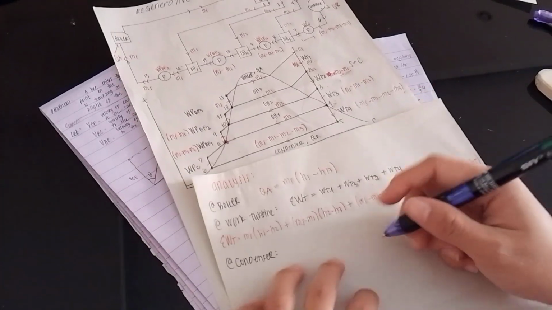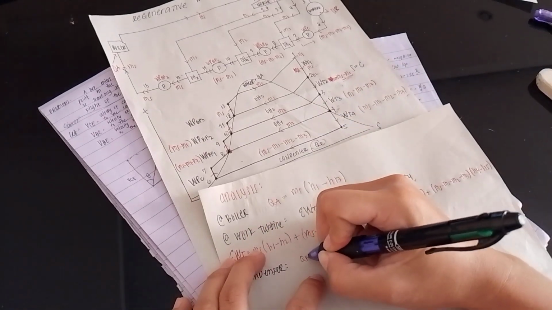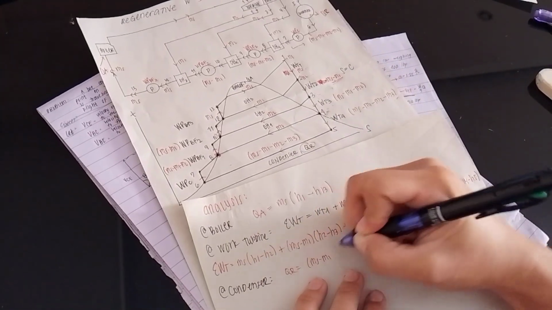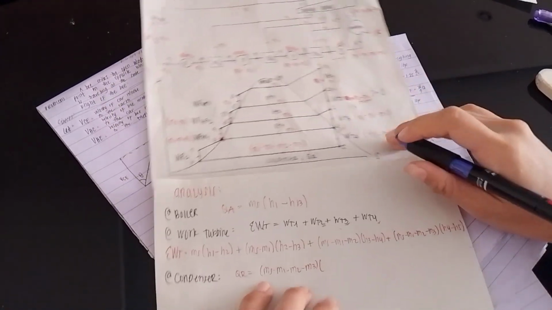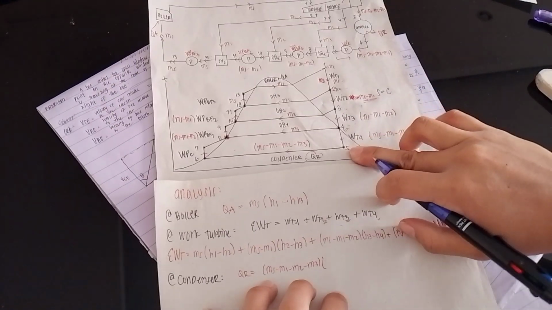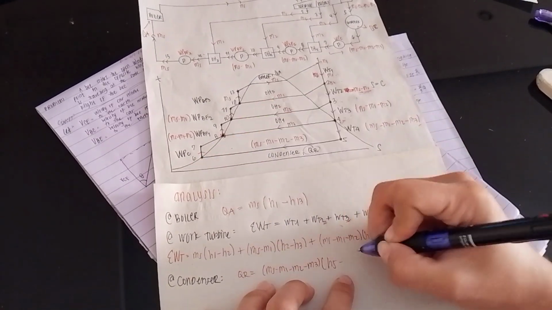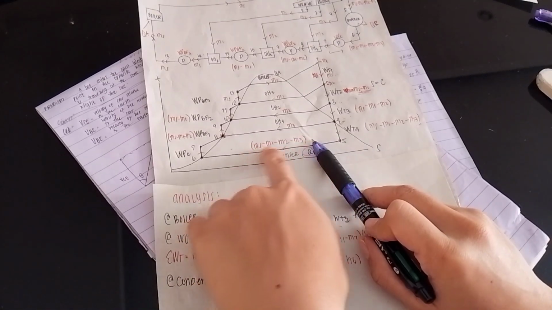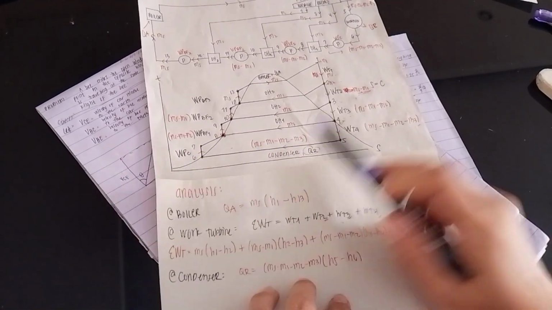So, therefore, ang atong condenser, which is QR, heat rejected, mass nato, MS minus M1 minus M2 minus M3, times sa enthalpy nga H5 minus H6. So, H5 minus H6.